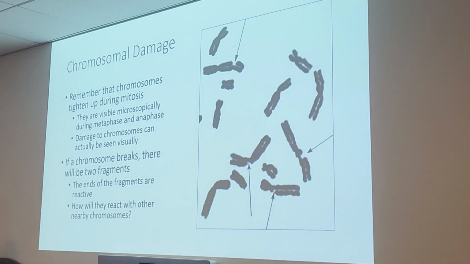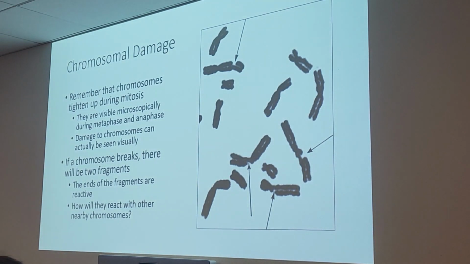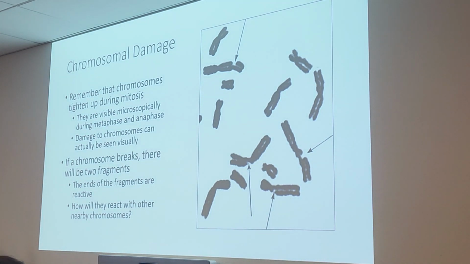All right, now the really fun part, chromosomal damage. If you look over here, you can actually see these chromosomes. These are chromosomes that you can actually see under a microscope. This takes place during mitosis, right?